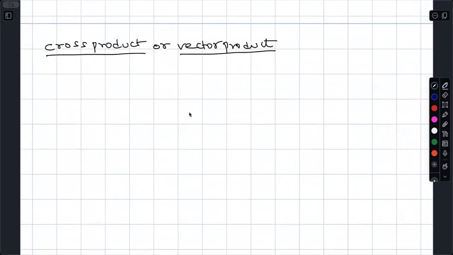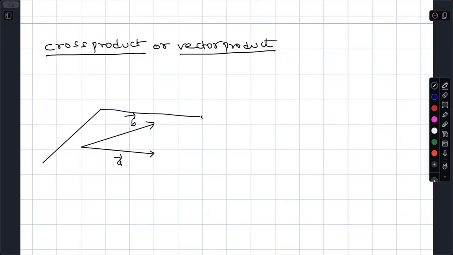Remember, you require some convention to understand this situation. I'll explain clearly. For example, I am representing A bar like this and B bar like this. Say A bar and B bar lie in a plane.